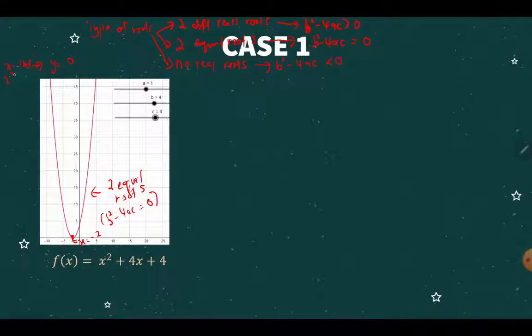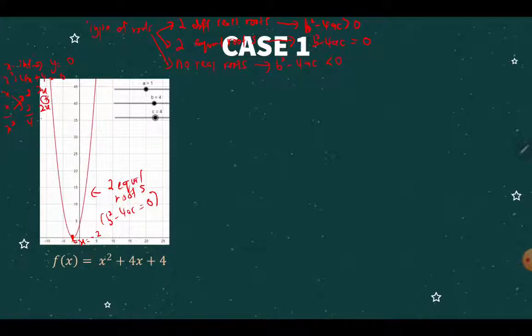So x squared plus 4x plus 4 equals 0. We know that when we want to solve a quadratic equation, we need to use factorization or formula or completing the square. Since this is a simple one, I use factorization. So this must be 2. This is 2x, this is 2x.